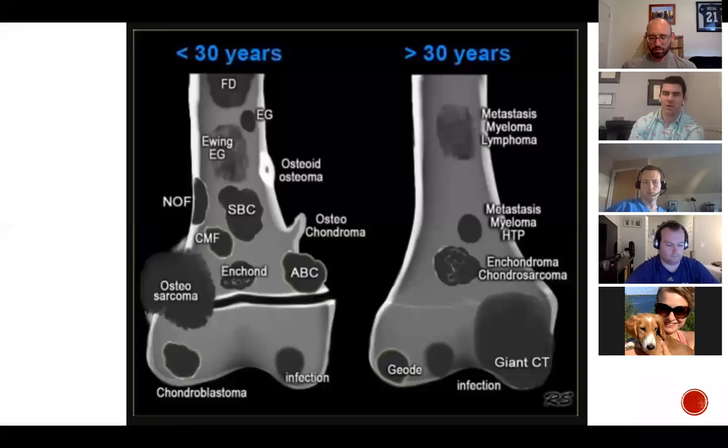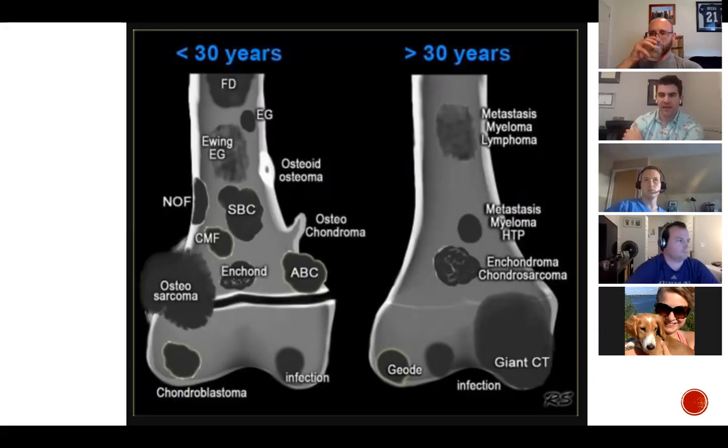Over age 30, you're looking at giant cell tumor, enchondromas, chondrosarcomas, and the list goes on. One thing I want to point out from this slide is that infection is always in your differential. No matter what the patient's age is, don't rule it out. Always keep it in the back of your mind, because it behaves in many different ways and occurs in any age group.